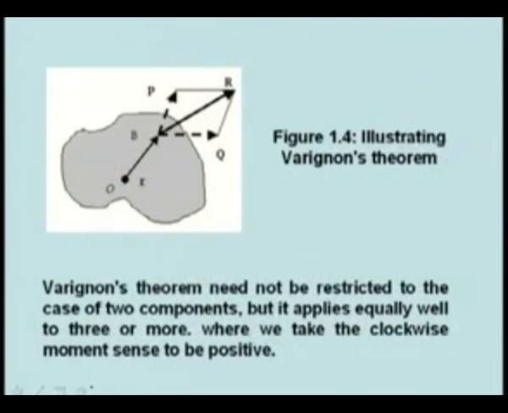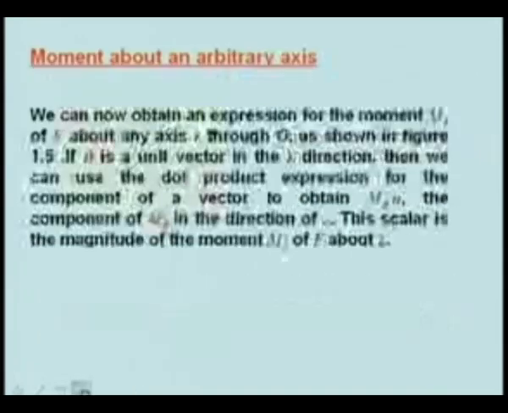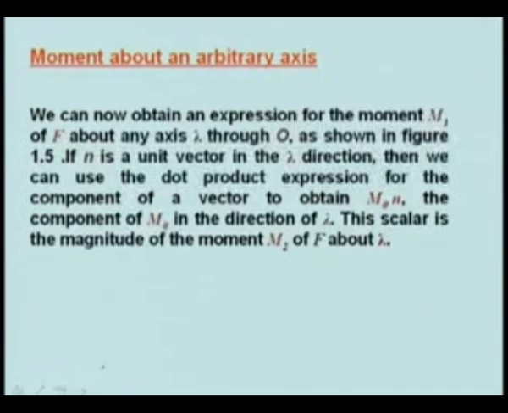Varignon's theorem need not be restricted to the case of two components, but it applies equally well to three or more components, but we have to be consistent in taking the sign of the moments.